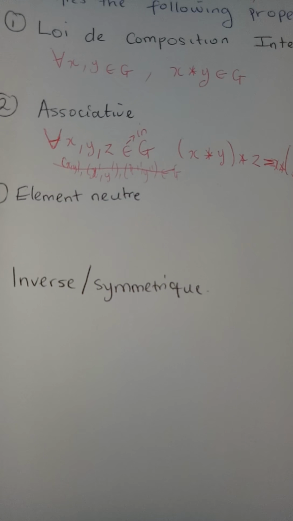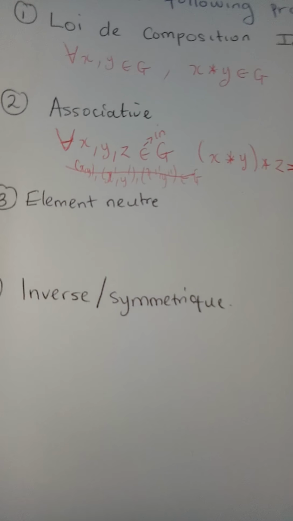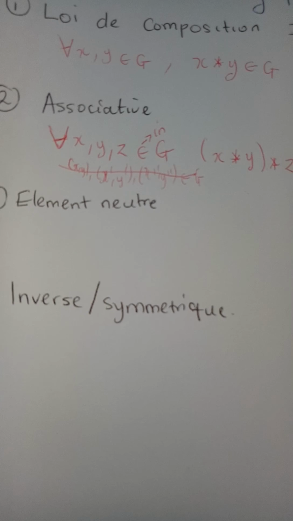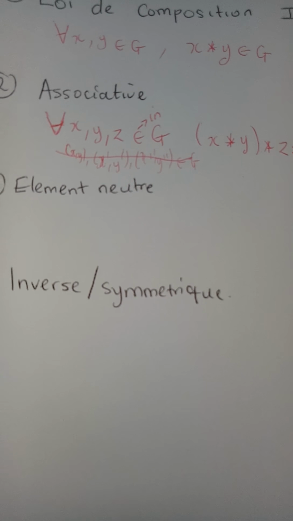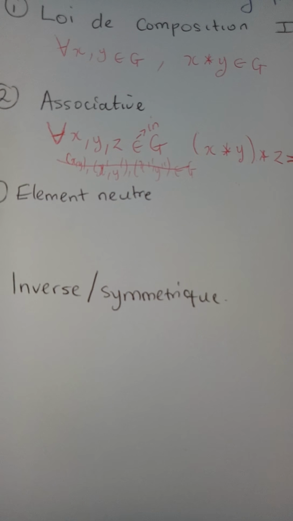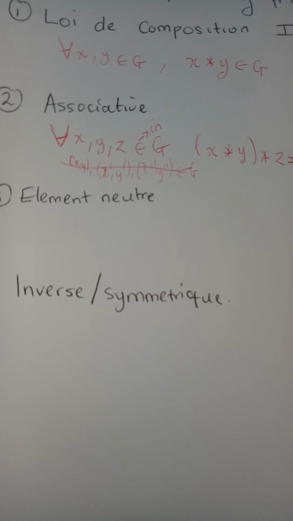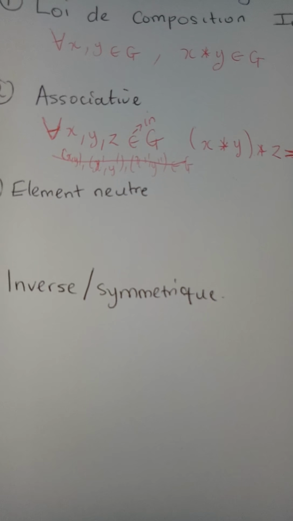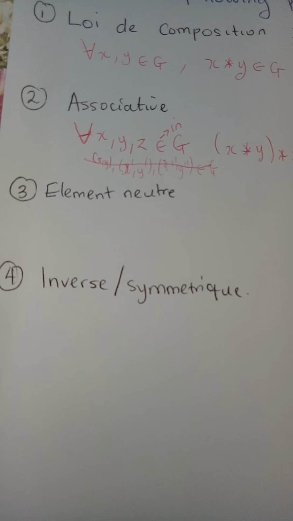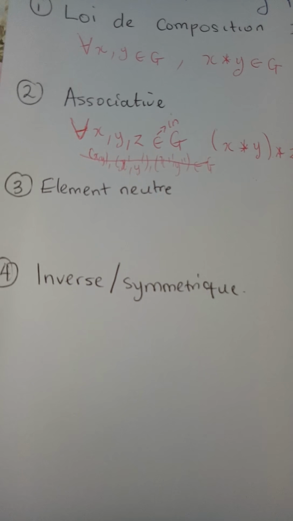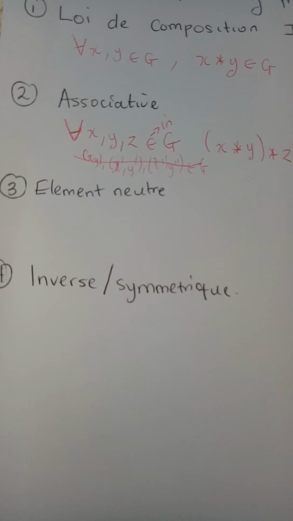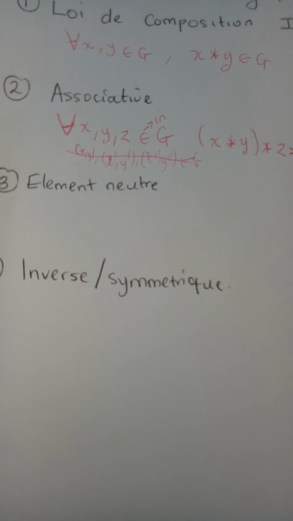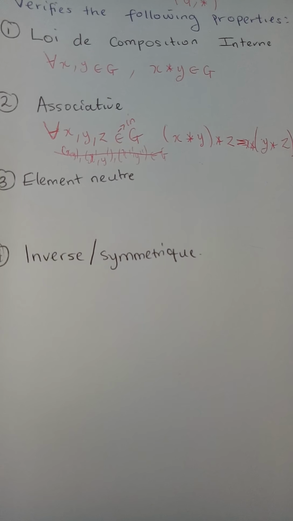For element neutre, I need just one element from G to verify. Let's say I need X. I need just one, because if there exists an element neutre and I apply that element neutre to that element X, I should get back my X. What am I trying to say?